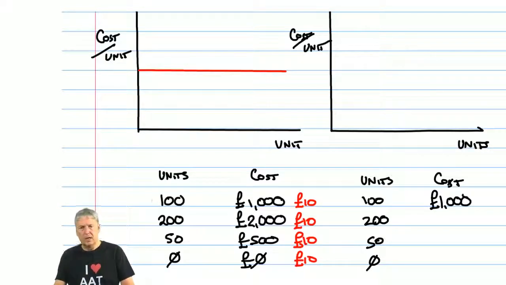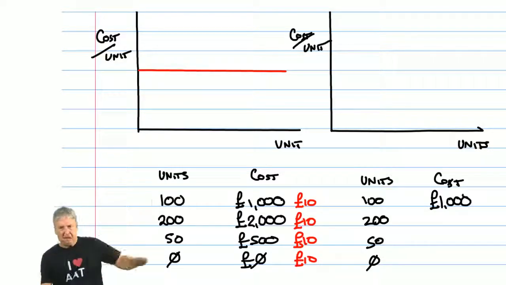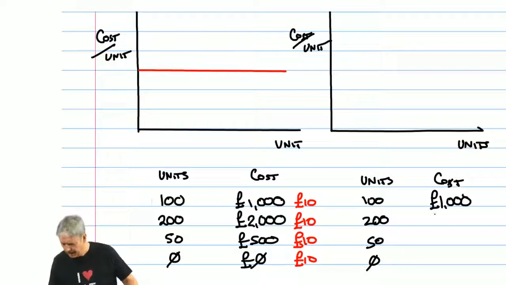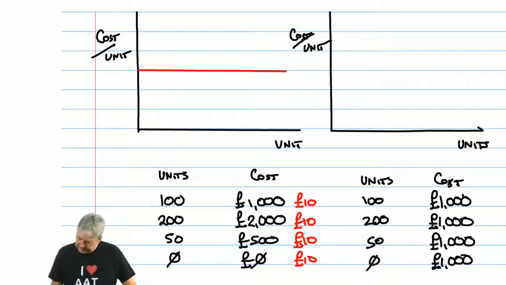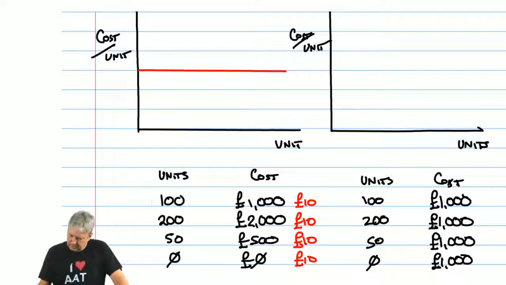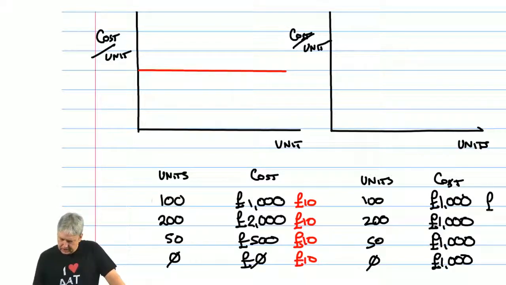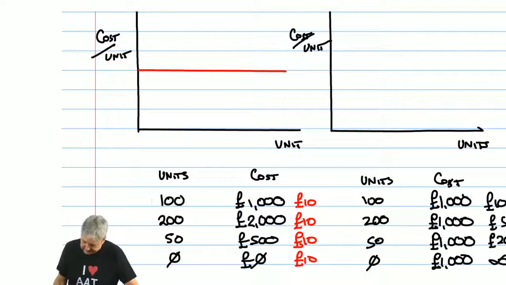The only way you can describe it is they're fixed. I know, that's about as good as it goes. They remain the same. So 1,000 divided by 100, that's 10. Divided by 200, that's 5. Divided by 50, that's 20. Divided by zero, that's a big number: infinity.